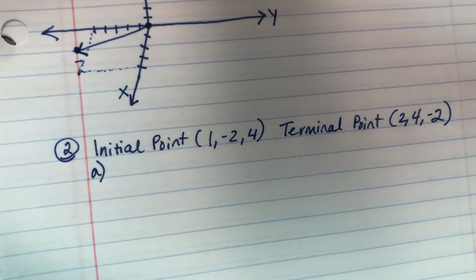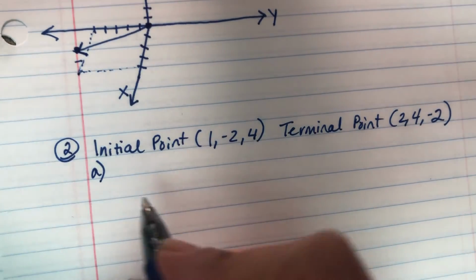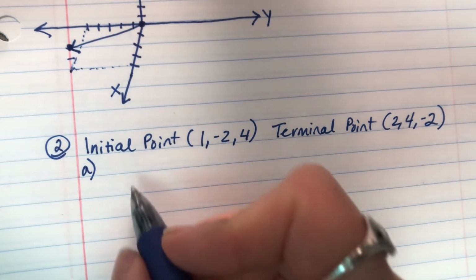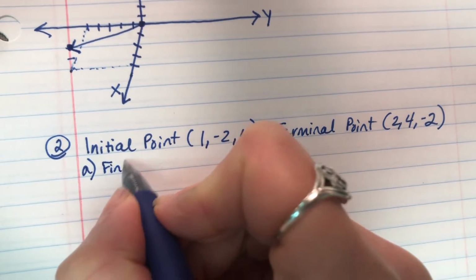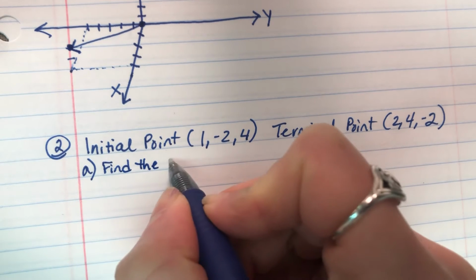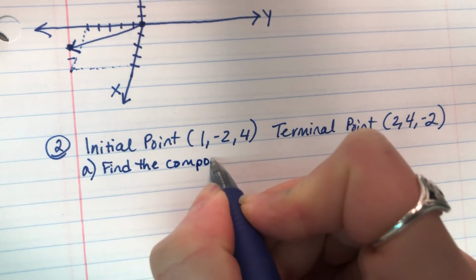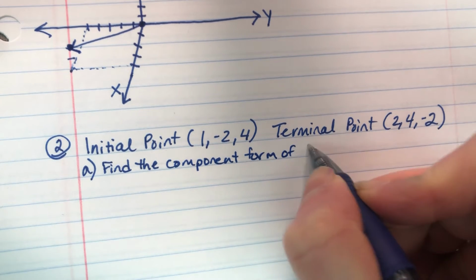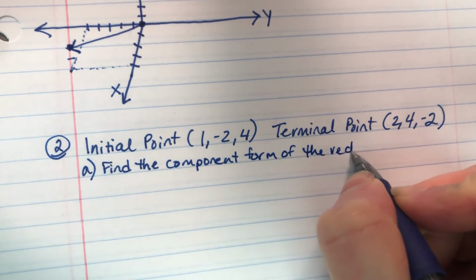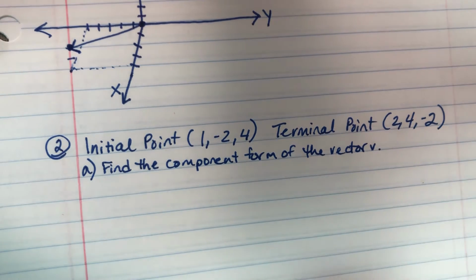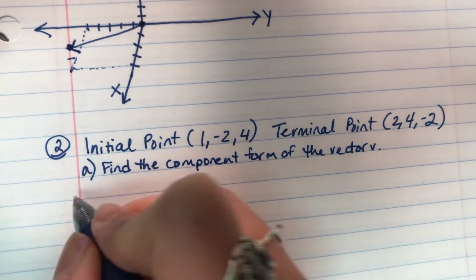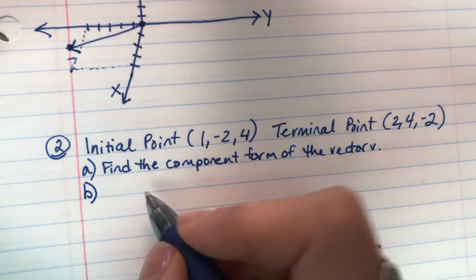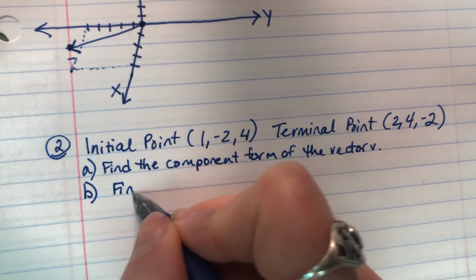So for part A, we are going to find the component form of the vector. So that matches what we did in example 1. Then for B, we are going to find the magnitude of the vector.